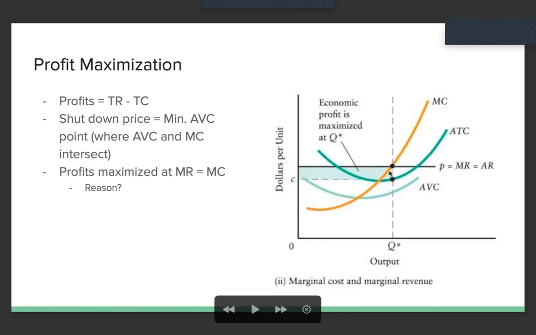That's because the average total cost tells me what it's going to cost me for that quantity. The quantity is Q star, and for Q star units, the average cost is C. So C times Q star is the total cost I have, right? That gives us the total cost part of the profits.